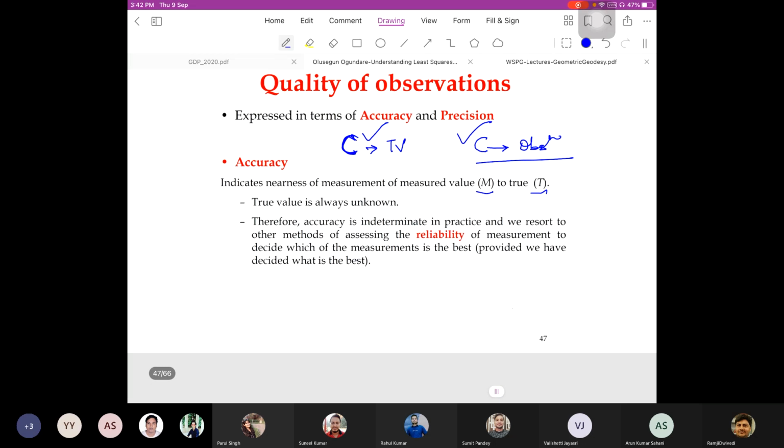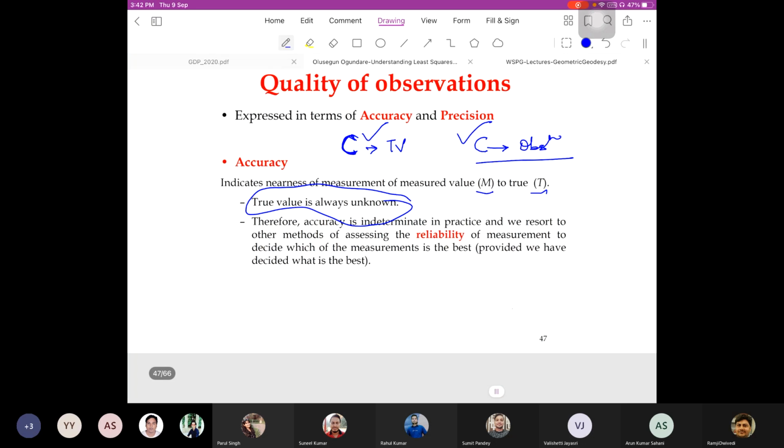And true value is always unknown. That is one understanding which we have learned from our few basic previous lectures, that the true value is not known. What we have is the estimate of the true value. Therefore the accuracy is indeterminate in practice, and we resort to other methods of assessing the reliability of measurement to decide which of the measurements is best, provided we have decided what is best.